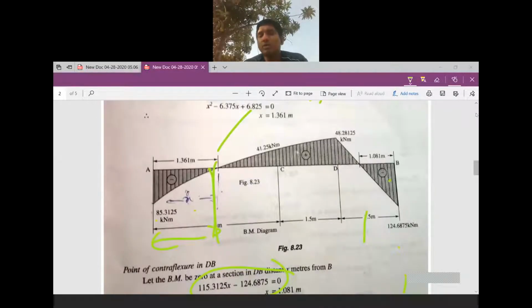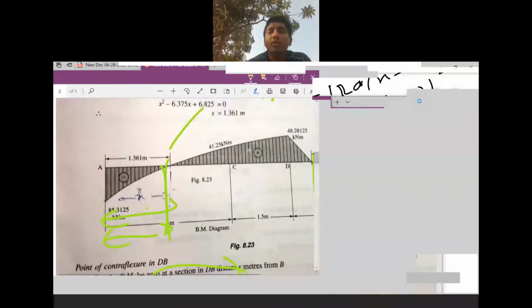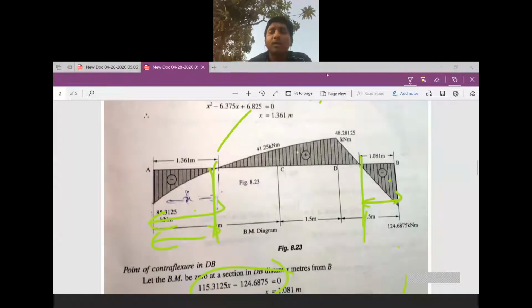After drawing this, you calculate the point of contraflexure, the point where the bending moment is 0.